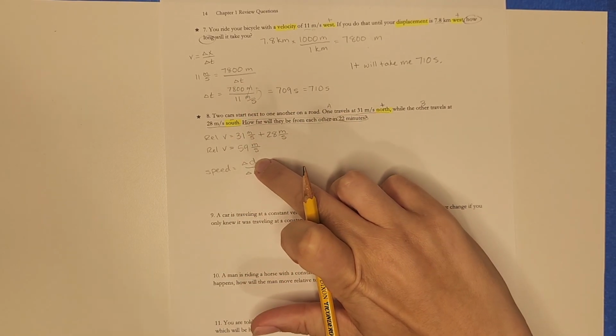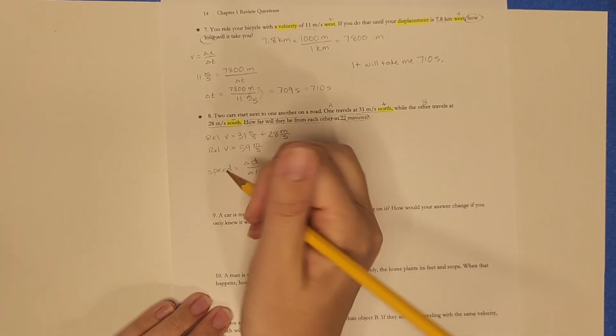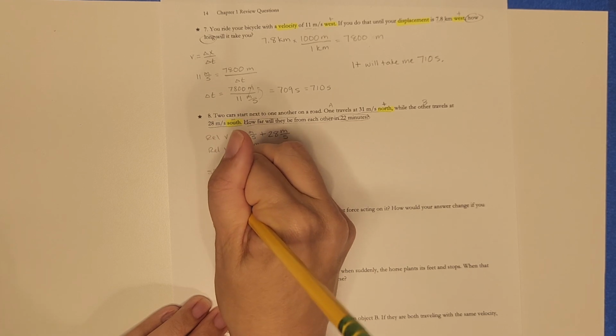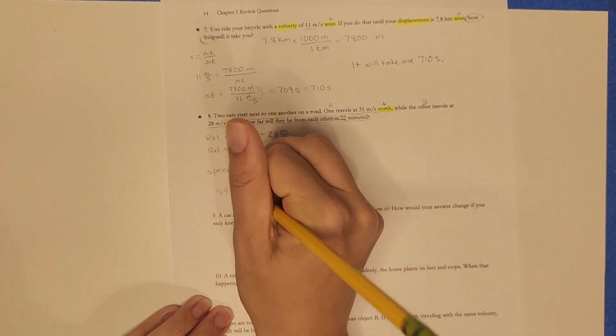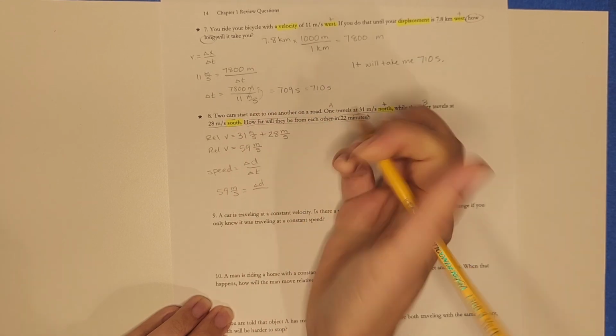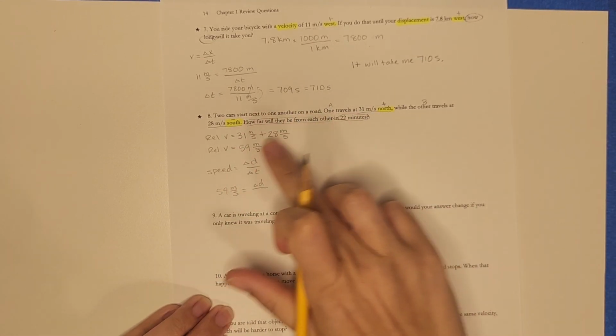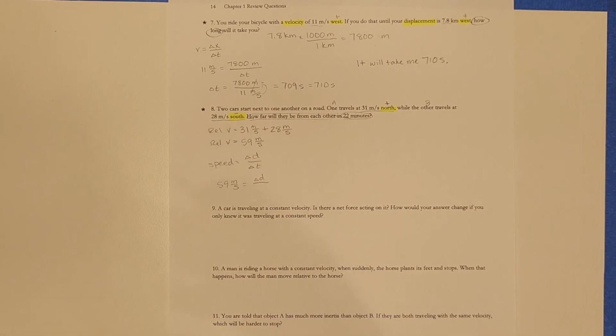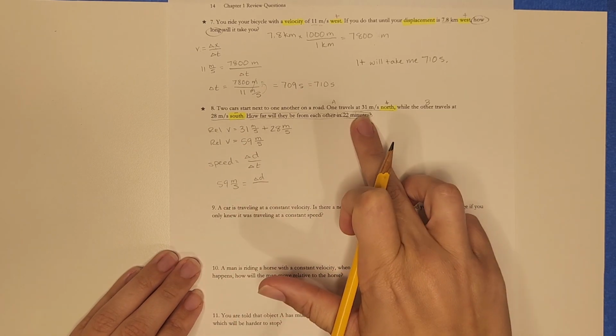And so this delta D is what I'm trying to get. My speed is 59 meters per second, my delta D is unknown, and my time is 22 minutes, right? As I'm verbalizing this, I see seconds, and then I looked at that and said minutes.